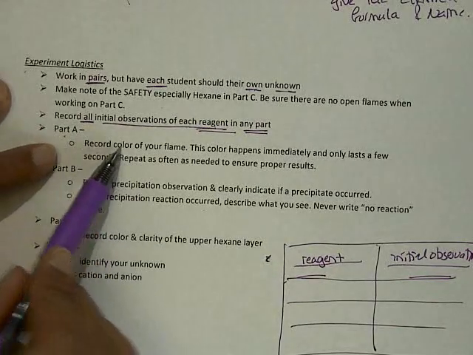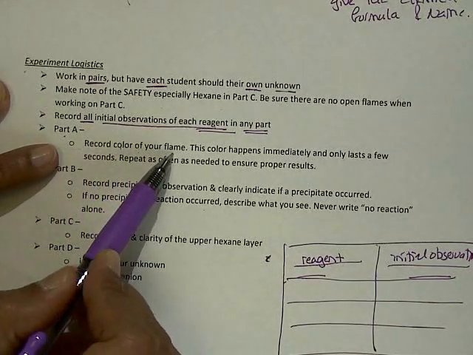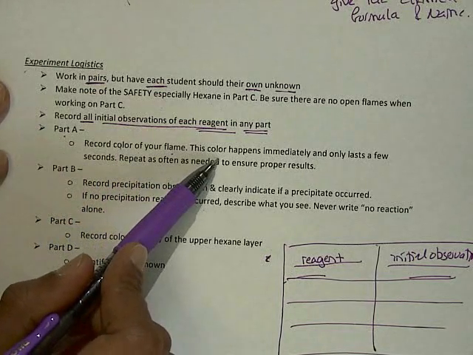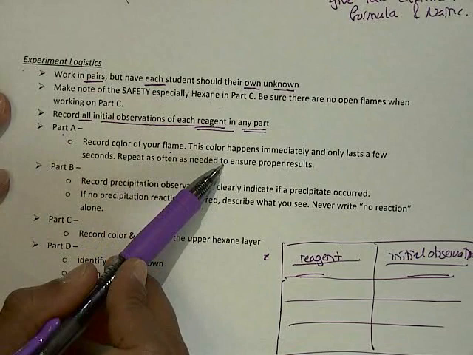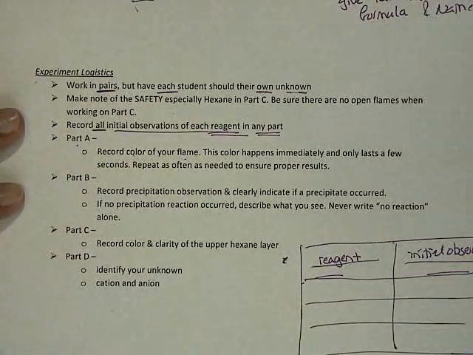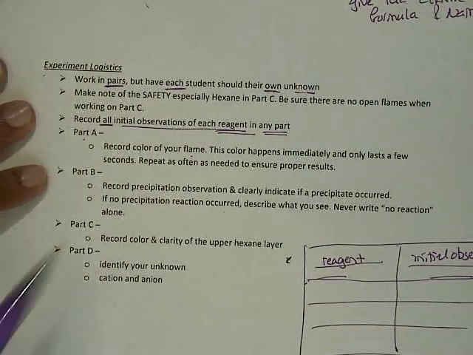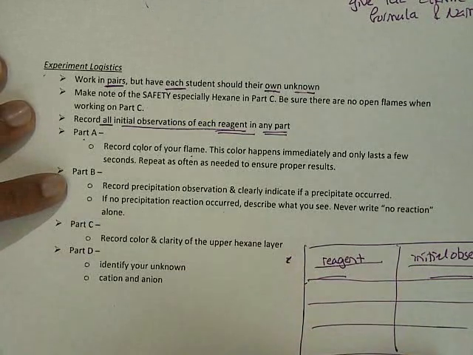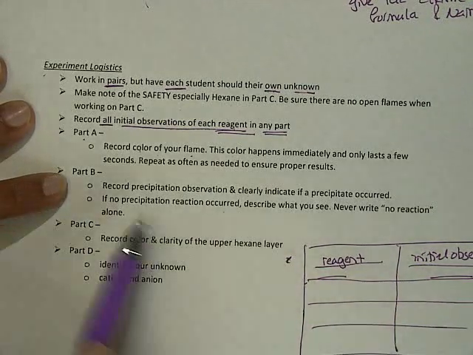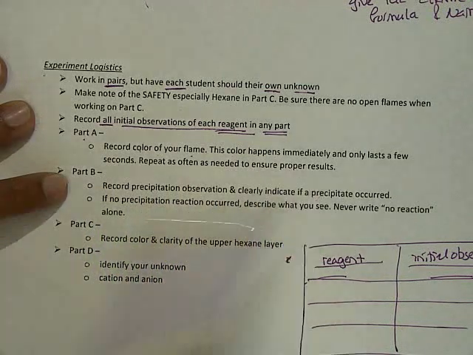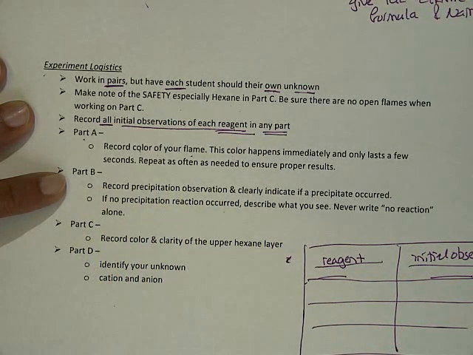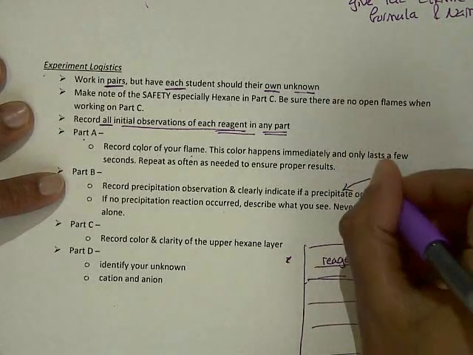In part A, you need to record the color of your flame. Note, this color happens in a matter of seconds. So if you didn't catch it once, do it again. This is a very fun experiment, so I really hope you do enjoy it. In part B, you have all your initial observations. In addition to that, I want you to record the precipitate observations and clearly indicate if a precipitate occurred. Don't just say a precipitate occurred, describe what it looks like.